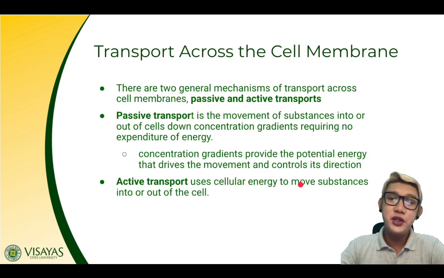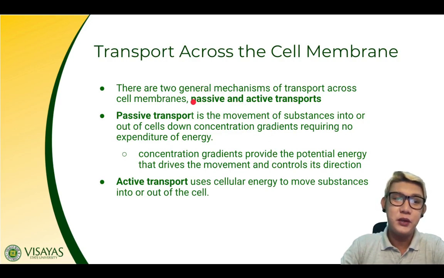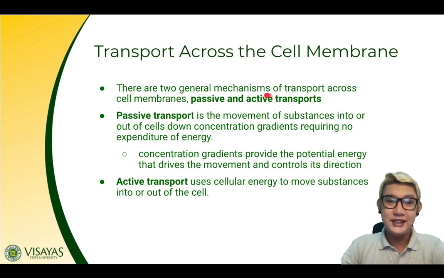So there are two general mechanisms of transport across cell membranes. There are those that we call passive transport and active transport. Passive transport is defined as the movement of substances into or out of cells down concentration gradients requiring no expenditure of energy.